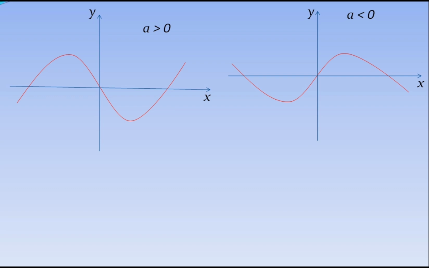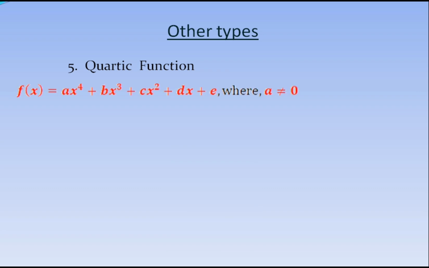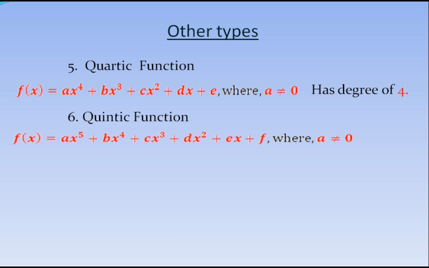Let's look at the other types. I can talk about quartic functions. When we say quartic functions, we have a degree of 4. And then we can also talk about quintic functions, which have a degree of 5.